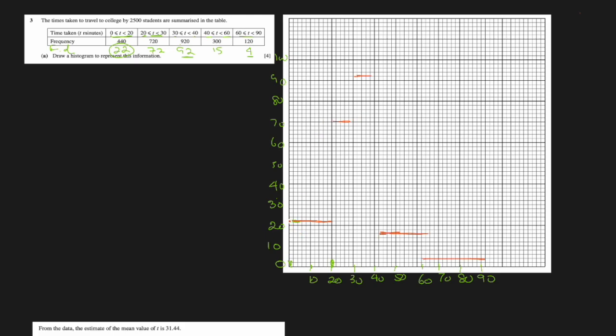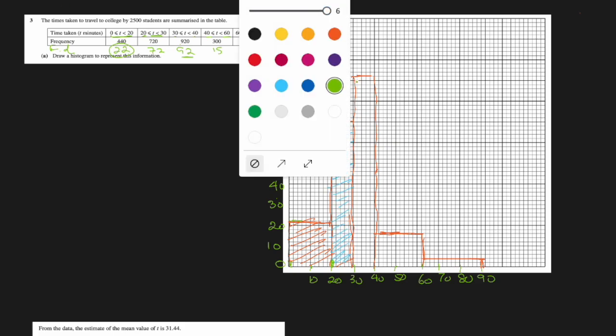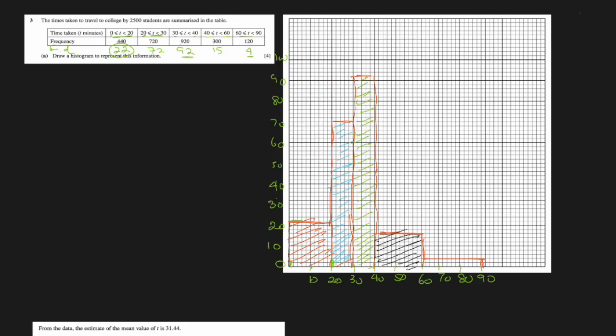So now we will just draw the vertical. Okay, so I have drawn them somehow and with different colors. You can see that this is frequency density and this is time taken. This is the histogram.